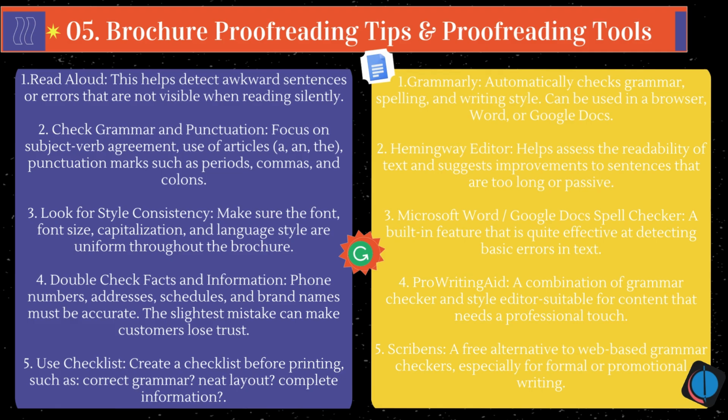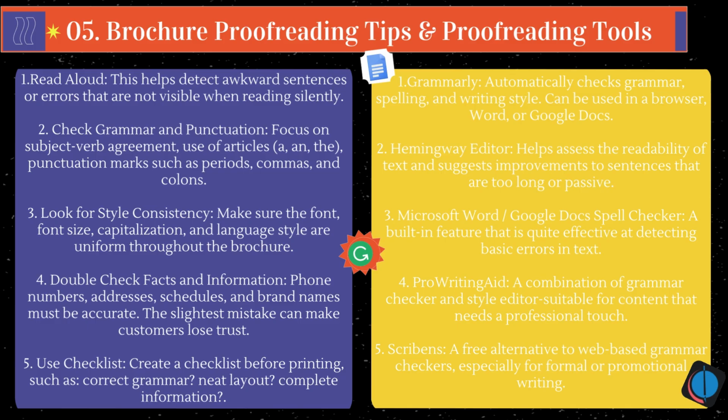Fourth, double-check facts and information. Phone numbers, addresses, schedules, and brand names must be accurate. The slightest mistake can make customers lose trust. Fifth, use checklists. Create a checklist before printing, such as correct grammar, neat layout, complete information.